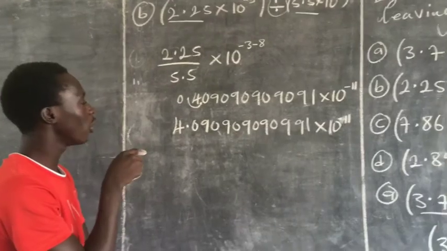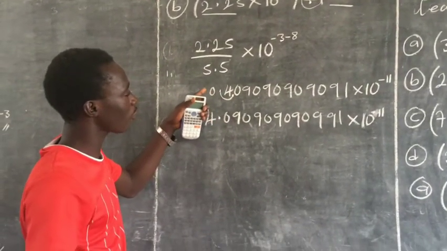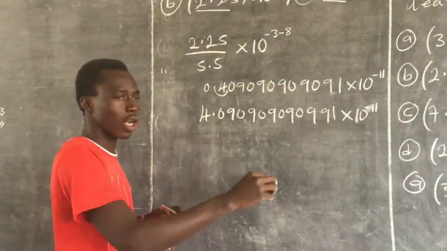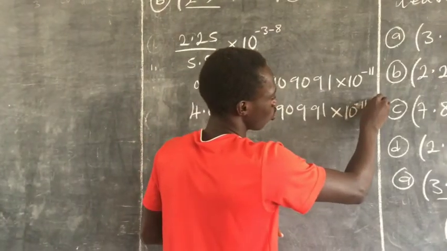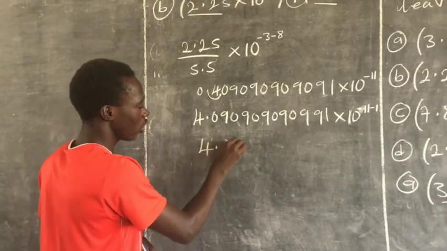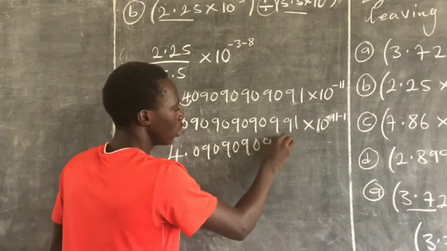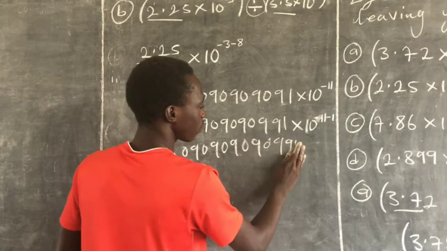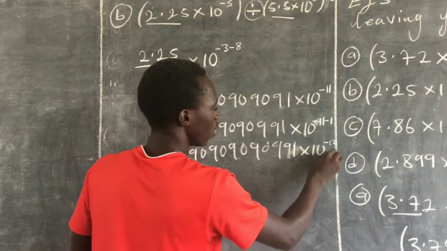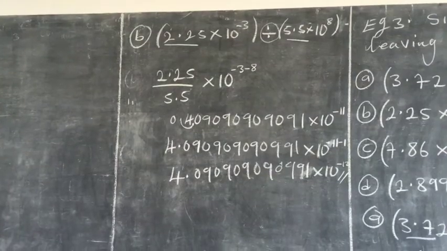Because I told you that when you start moving the decimal point from left to right, the power will be a negative power. So this power will be minus 1, so you just subtract 1. So therefore, you will have 4.0909091 multiplied by 10 to the power minus 12. So that is the answer for B.